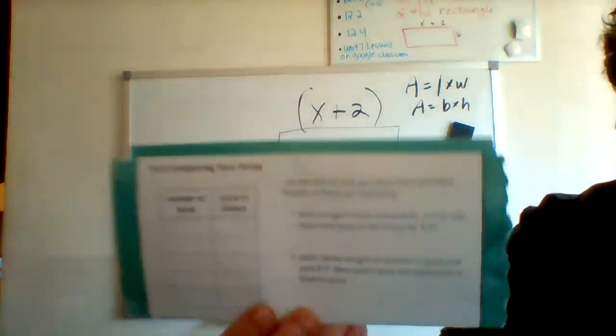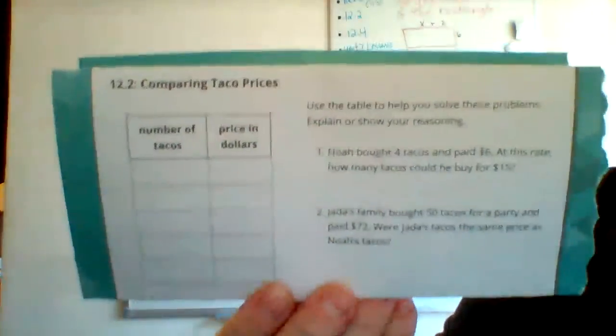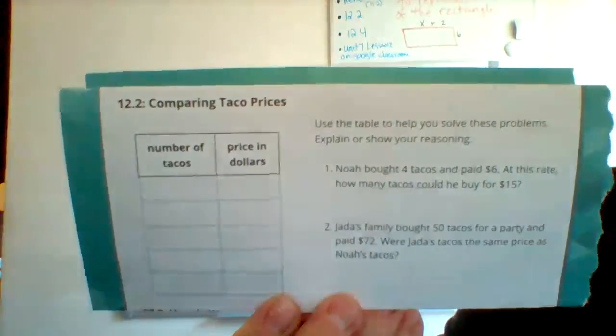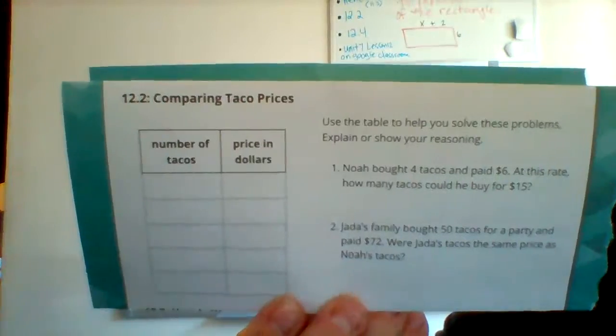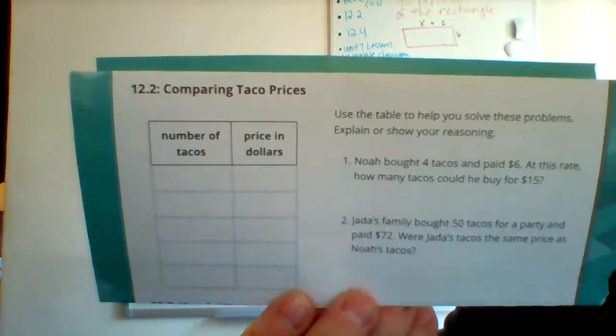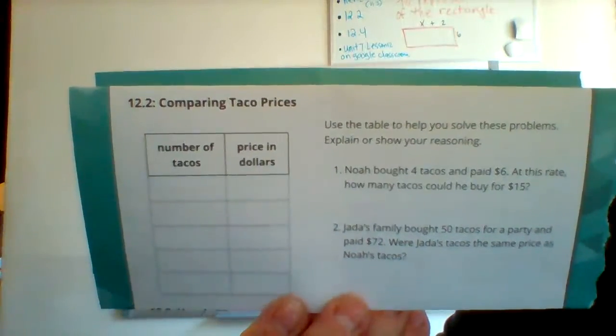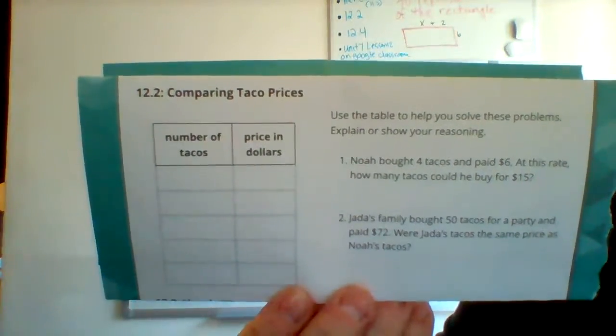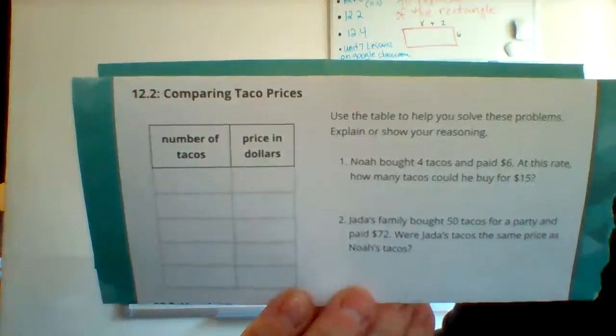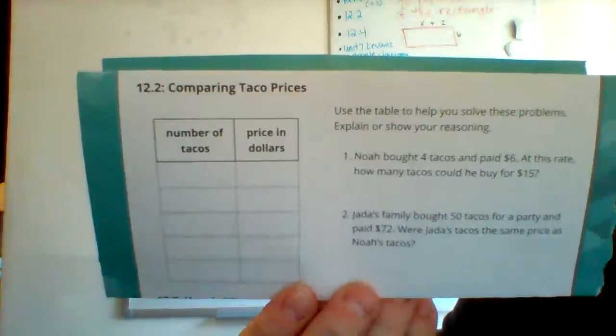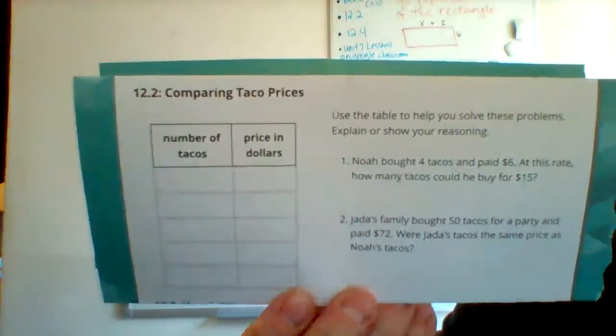Activity 2 is looking to compare tacos. We're going to compare tacos. Would you guys please fill out the table at least 2 rows? 2 rows for Noah. At least use this table for Noah.